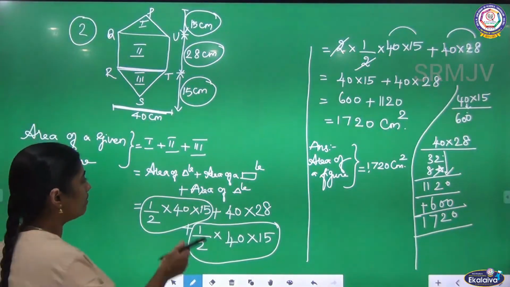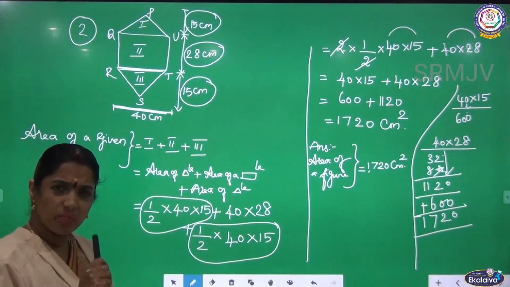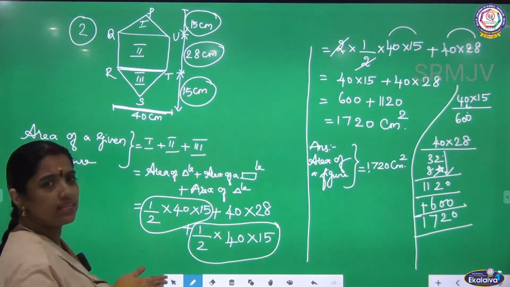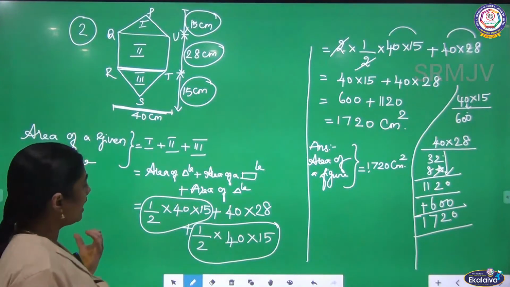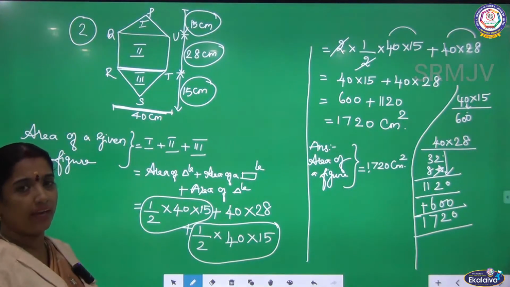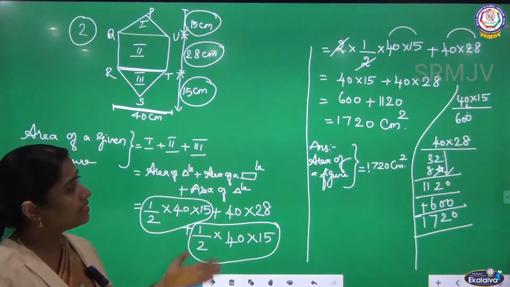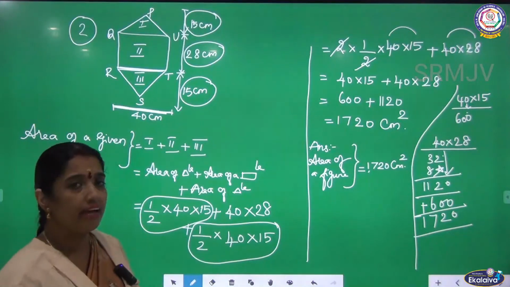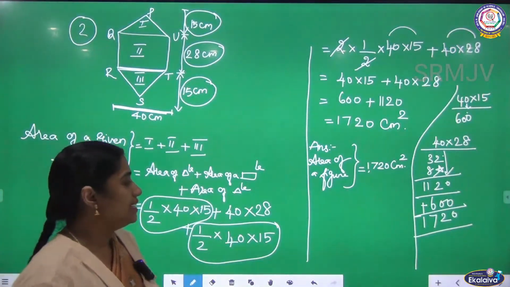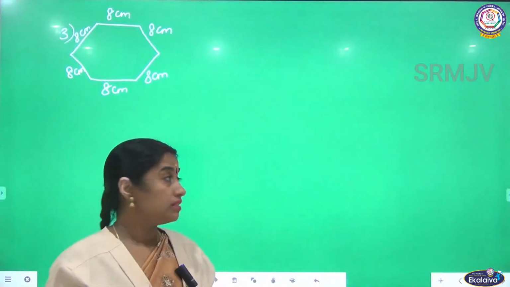See why I have joined these two triangles, because the base as well as height are the same. So I can write 2 into area of triangle. When I am writing like that and cancelling numerator and denominator, after simplifying everything I can get 1720 centimeters square. Shall we move on to the next?